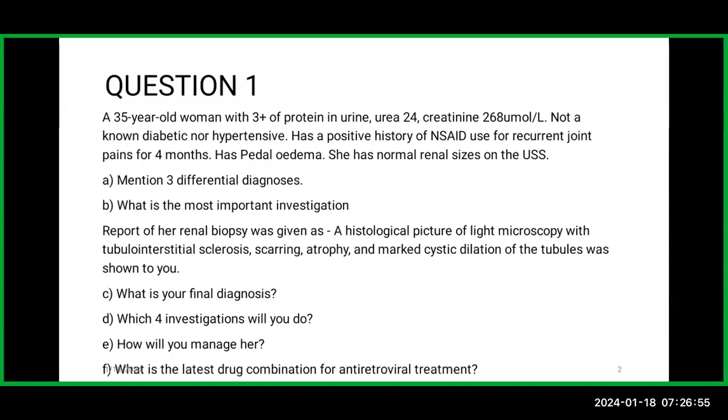Well, sir, when I saw the question initially, especially at the end when they asked about HAART, I started thinking of HIVAN. But looking at the fact that HIVAN patients present dry, they don't have edema, I decided to downplay HIVAN. But it is something I should have thought of.